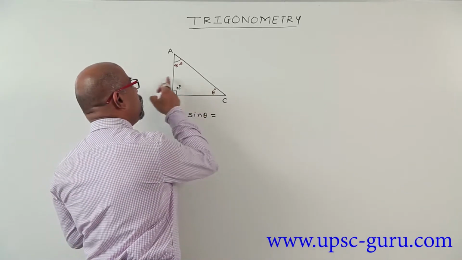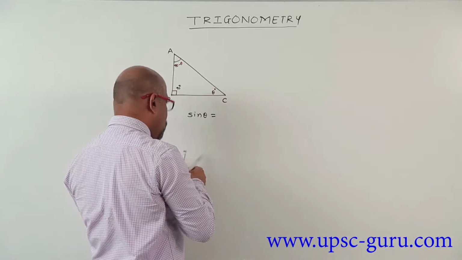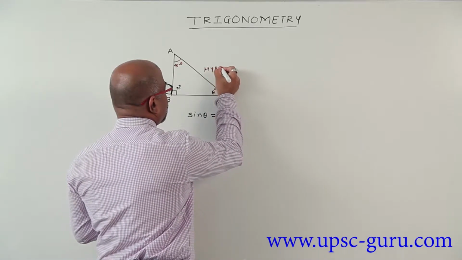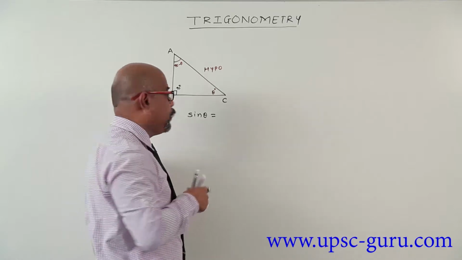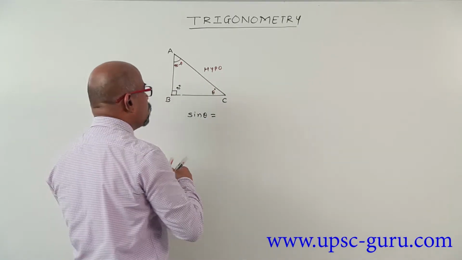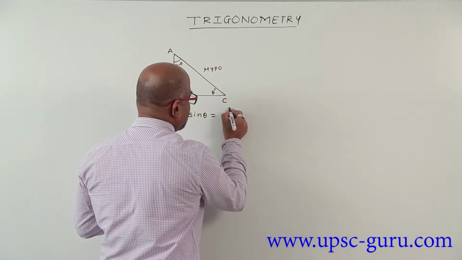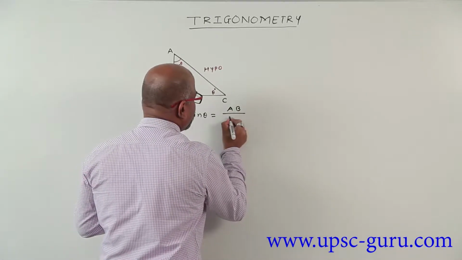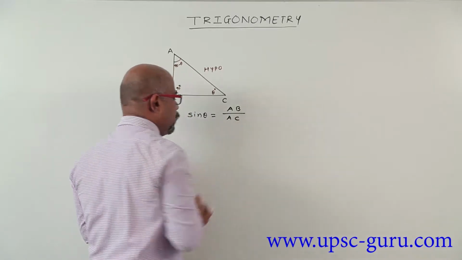Here side opposite to theta is AB and hypotenuse is AC. Therefore sin theta equals to opposite side, that is side opposite to theta AB upon hypotenuse, that is AC.